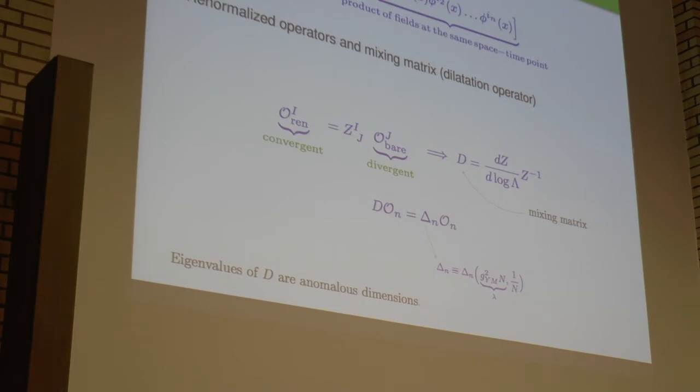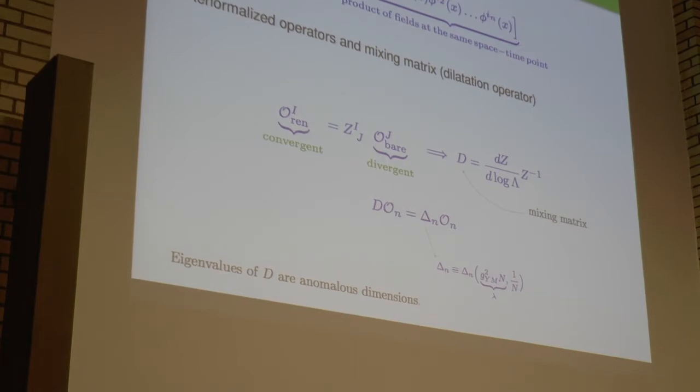Might be naive, but what does this mixing matrix Z now have to do with the dilatation operator of our field? Basically, operators at the tree level are eigenstates of the dilatation operator because they have well-defined conformal dimensions. Conformal dimension is simply given by the sum of classical dimensions.